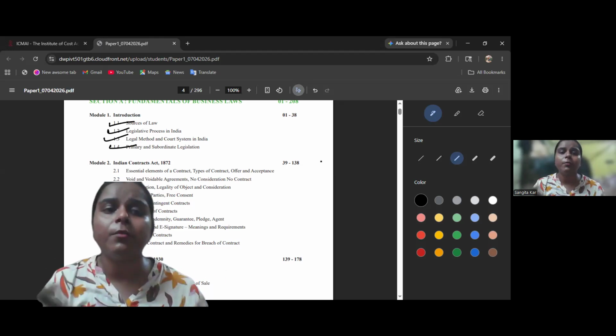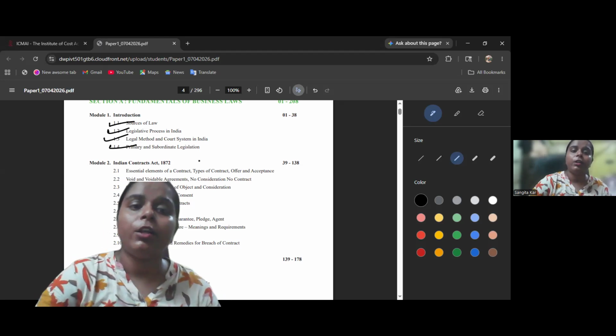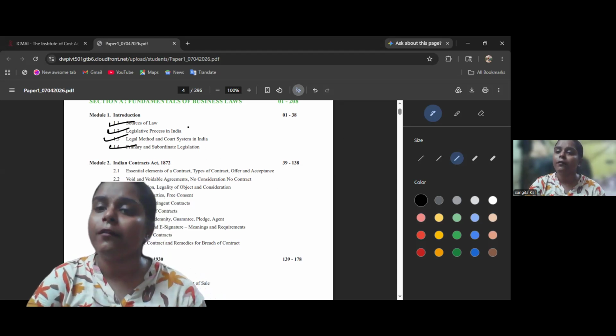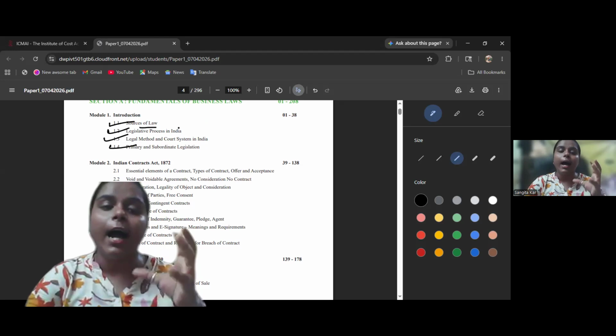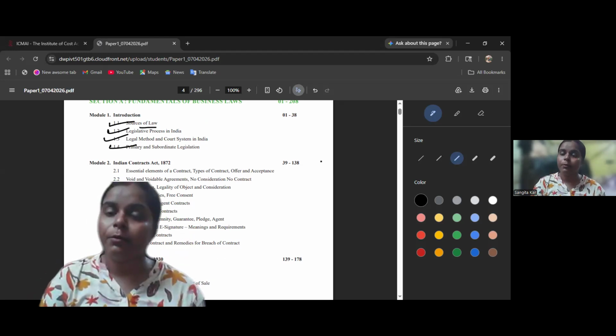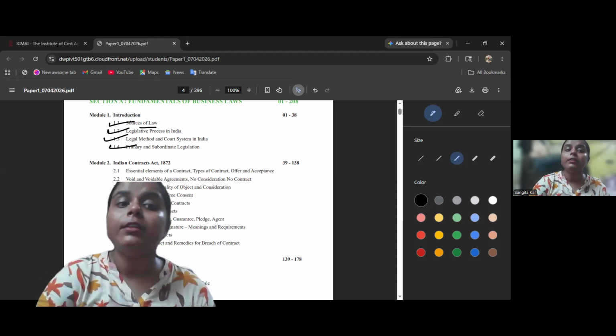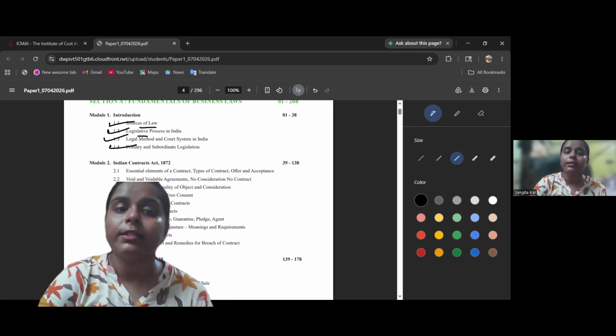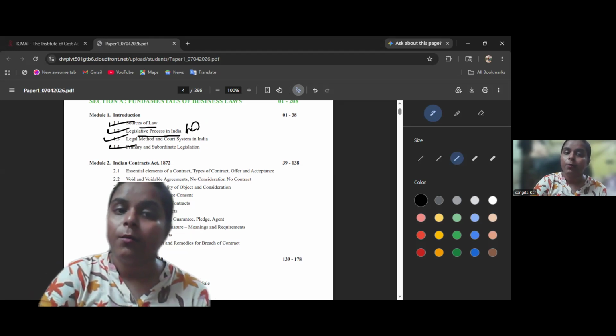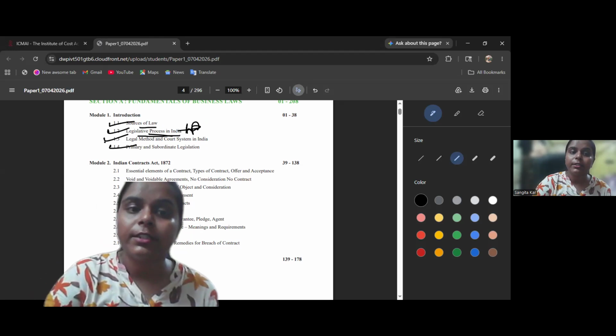Which part is more important? First, you have to learn the sources of law. This is the main thing you have to learn; it is very important for you to know. Then the most important part is the legislative process in India. It is a question that comes every time. Primary and subordinate legislation is very important.